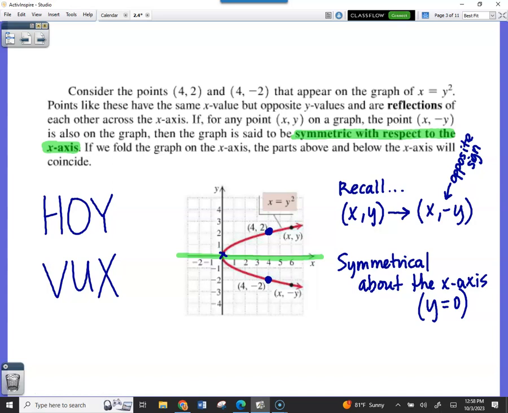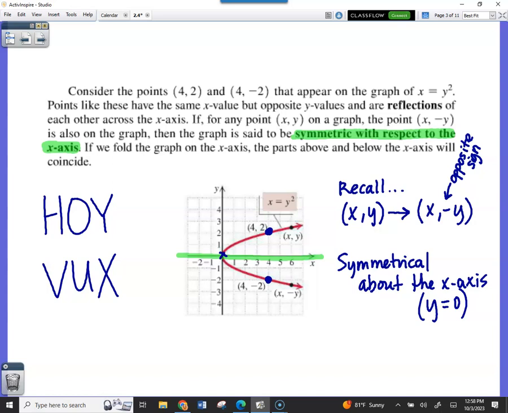This is the equation of the x-axis. I got it by doing HOY VUX. The x-axis runs horizontal. That tells me it's y equals a number. The number is where it's crossing the y-axis. It's at 0. Okay? Now let's go to the next slide.